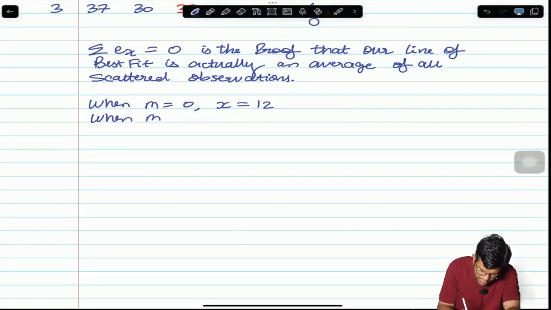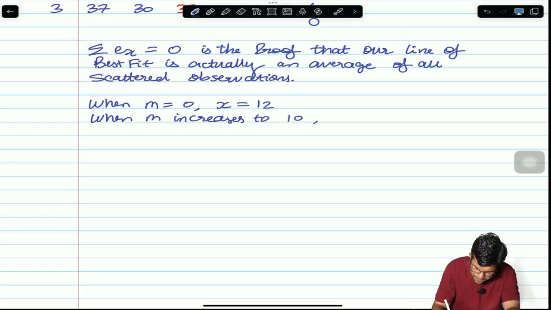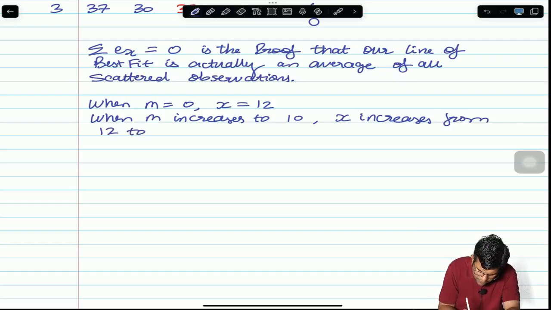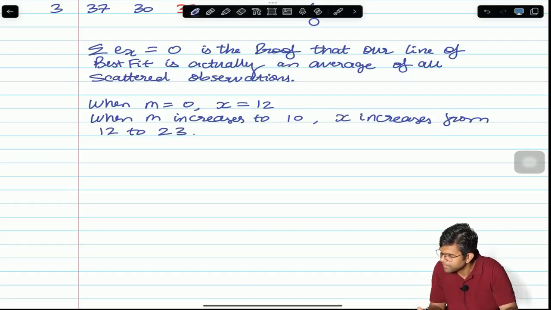When m increases to 10, x increases from 12 to 23. 23 is the actual movement.